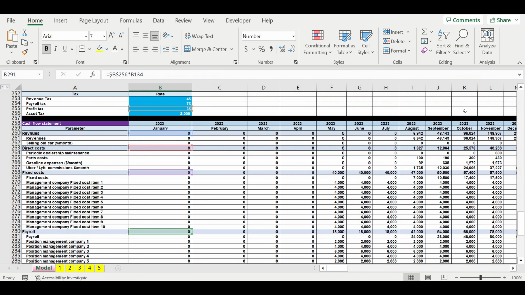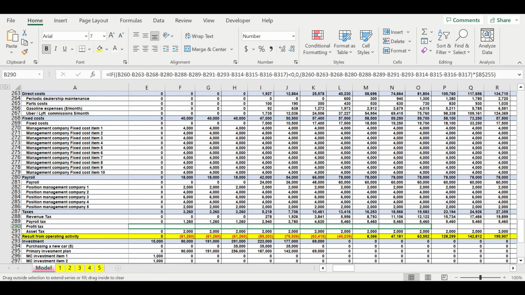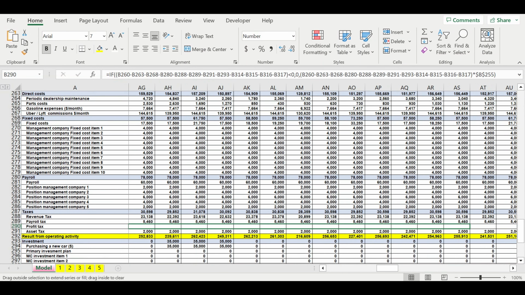Now let's press enter, and now let's extrapolate this formula to the right.